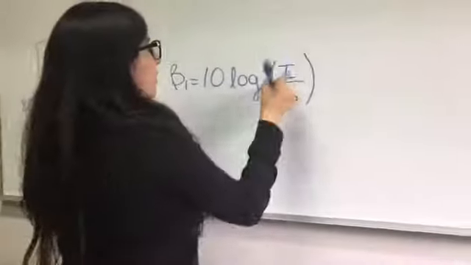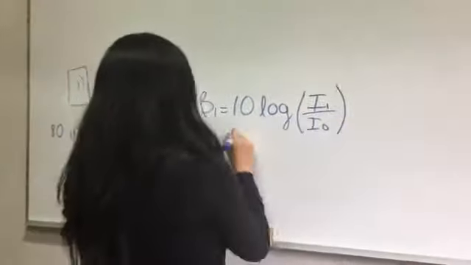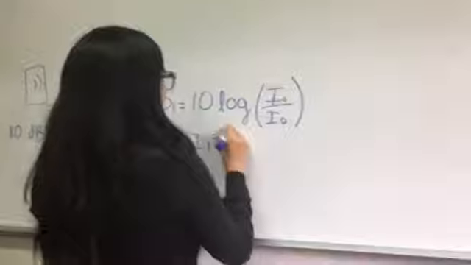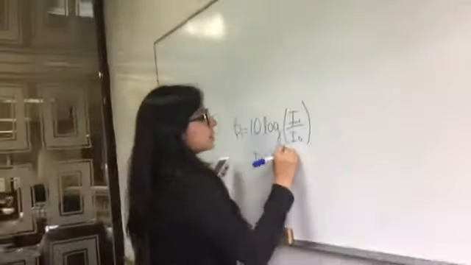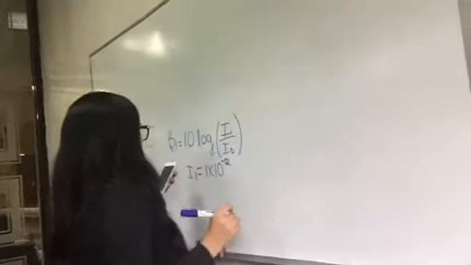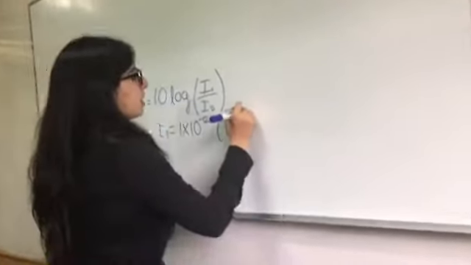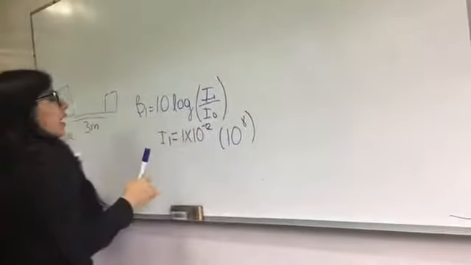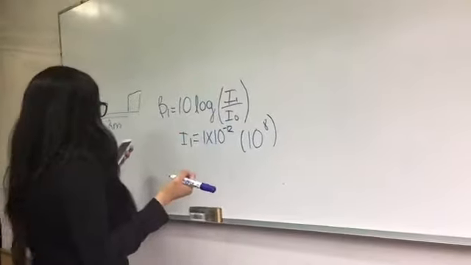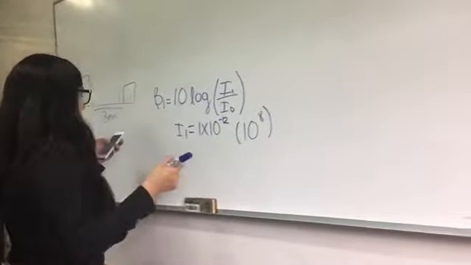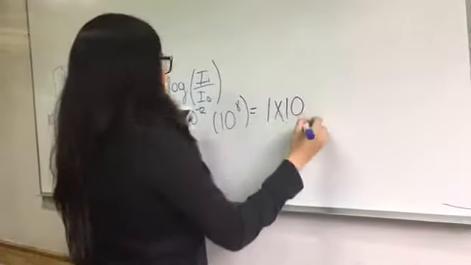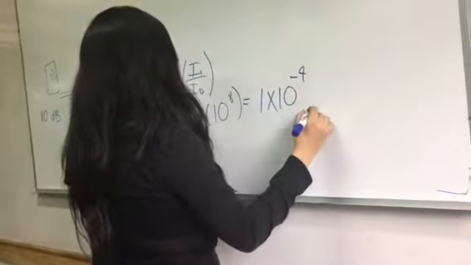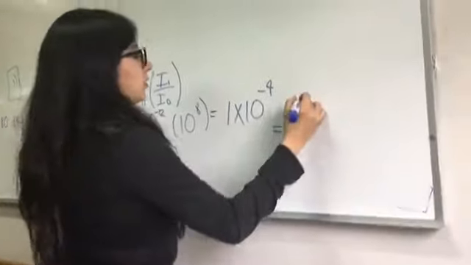Solving it for the intensity 1, we get 1 times 10 to the minus 12 times 10 to the 8th, and here we're solving for the logarithm, so we get 1 times 10 to the minus 4, and this is equal to the intensity.